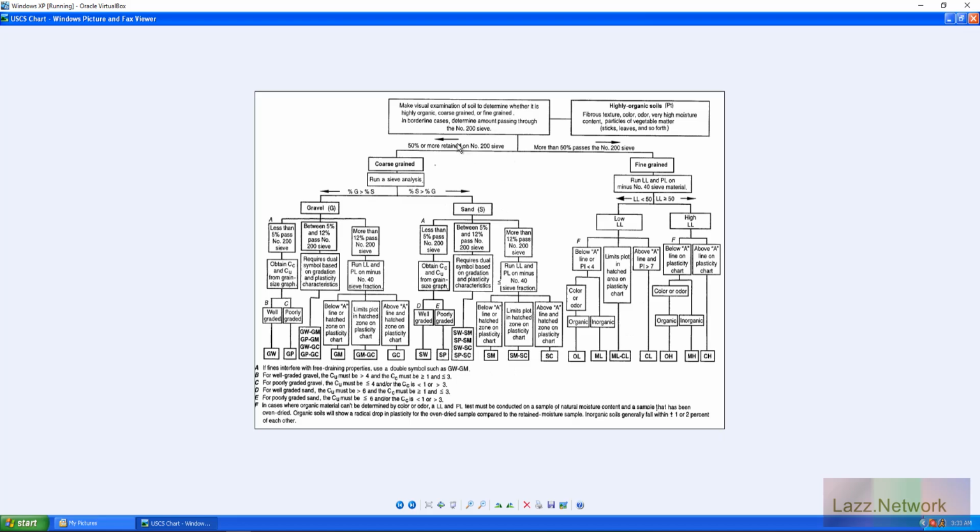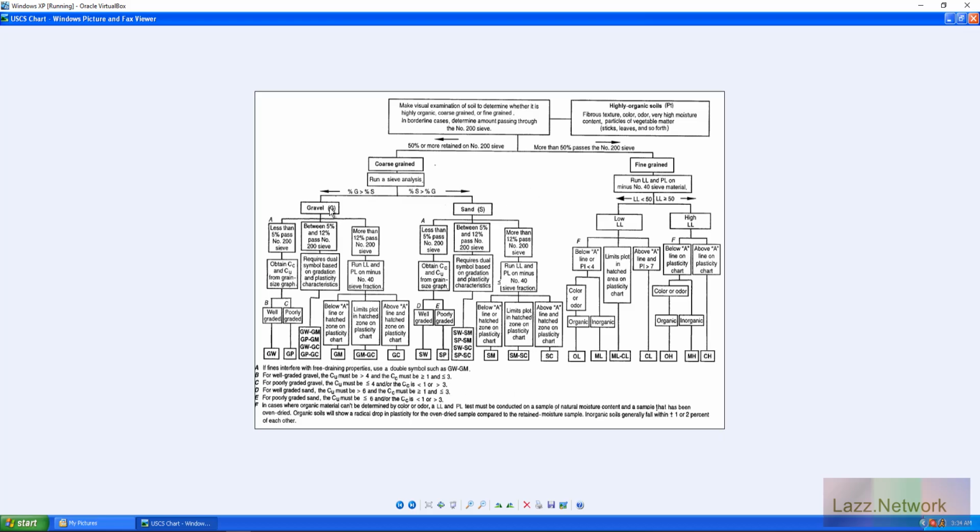If we had 50% or more, which in my example was 45, it would go to the 12%, and where it plots would depend on your Atterberg limits.